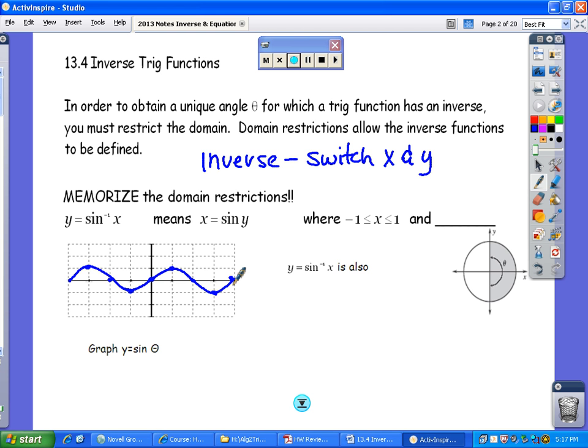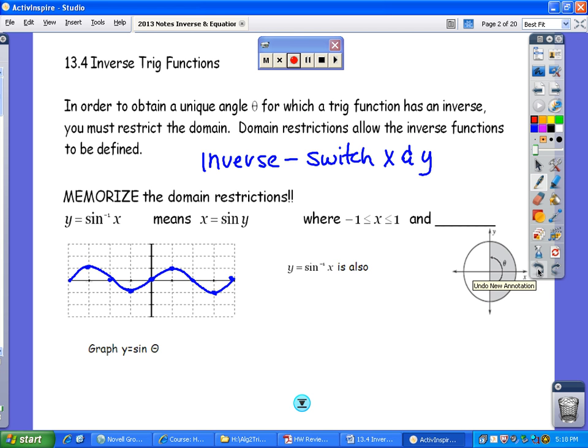Now notice here that if we take the inverse of this, if we use the horizontal line test, the inverse of a sine graph will not be a function because a horizontal line touches our graph in more than one spot. So here we want to make a restriction. We want the inverse to be a function.